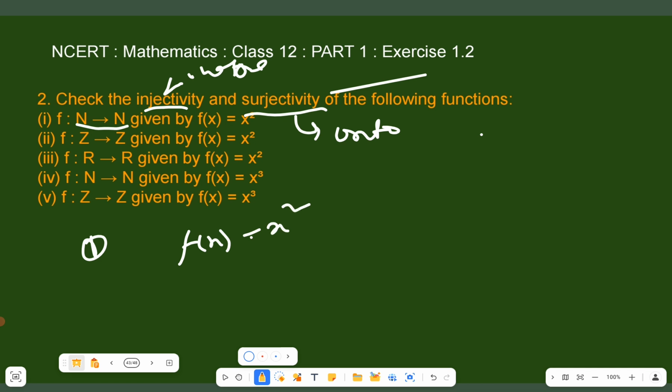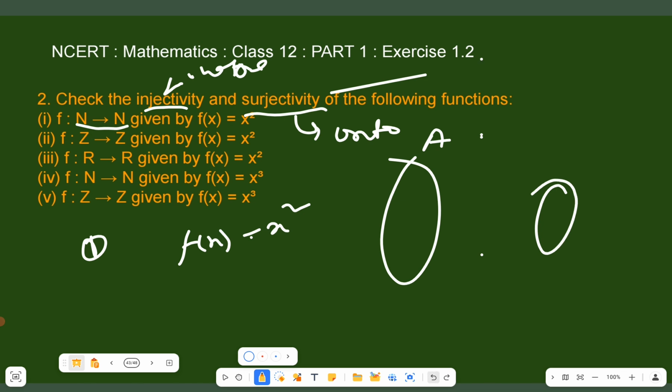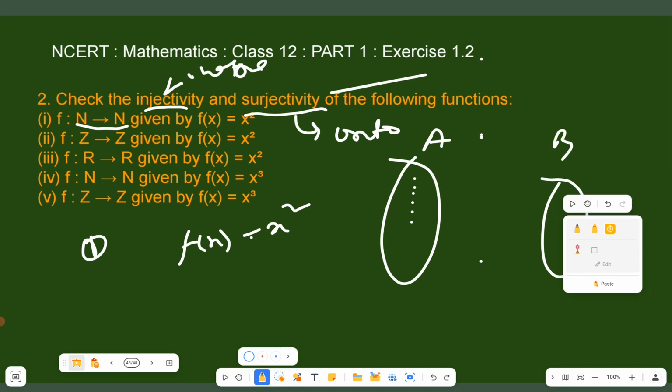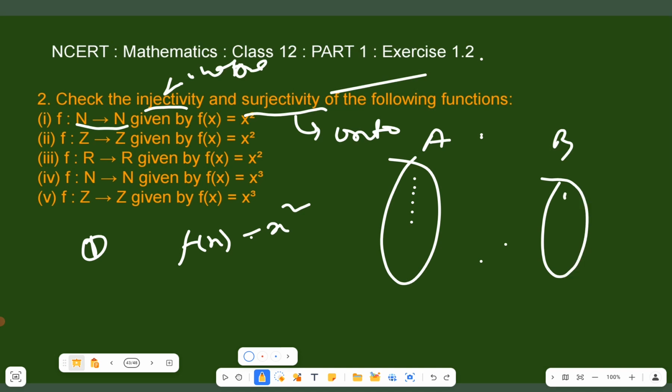Suppose a set A and a set B. The elements of set A are 1, 2, 3, 4, 5, 6, natural numbers, and here the elements are 1, 4, 9, 16 and so on. Here the image of 1 is 1, of 2 is 4, of 3 is 9.